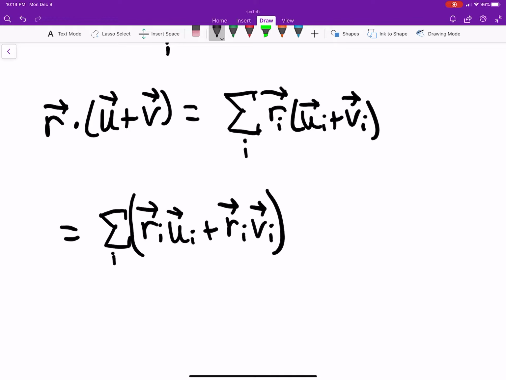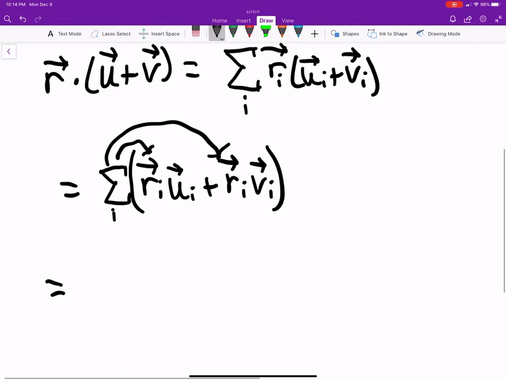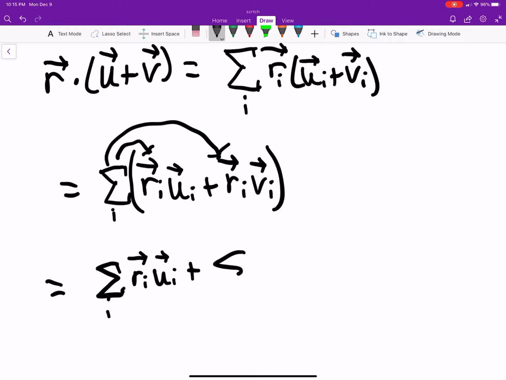Now the sigma notation, that can be distributed. So that is like two separate sums. So sum over i of r_i u_i plus the summation over i of r_i v_i.